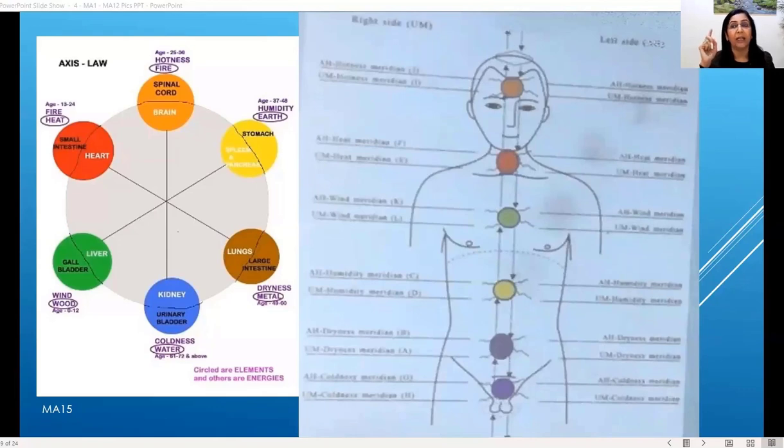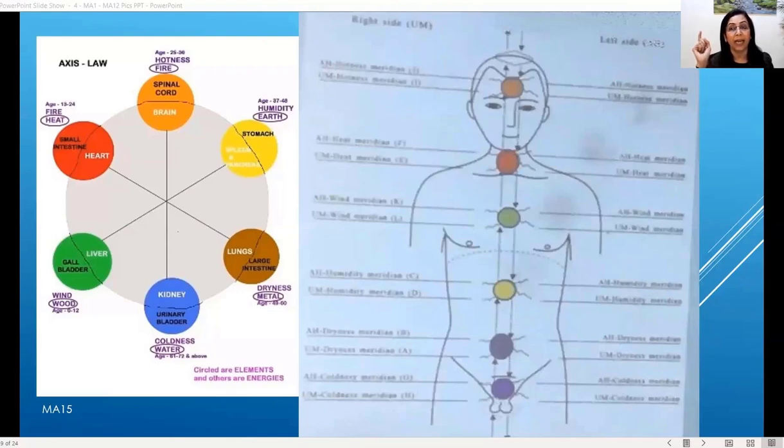The back hotness chakra supplies energy to both the left and right triple warmer or the spinal cord meridians. Okay. The front humidity chakra supplies energy to both the left and right spleen and pancreas meridian, while the back humidity chakra supplies energy to both the left and right stomach meridian.